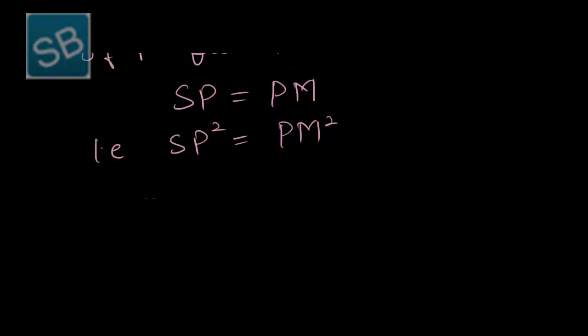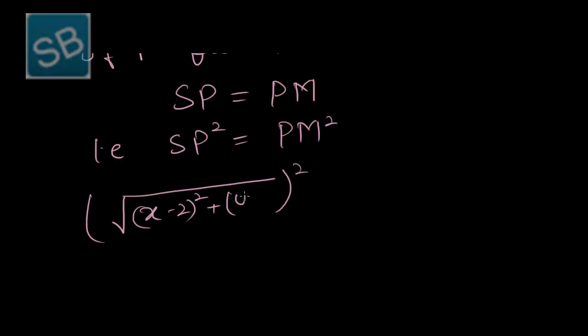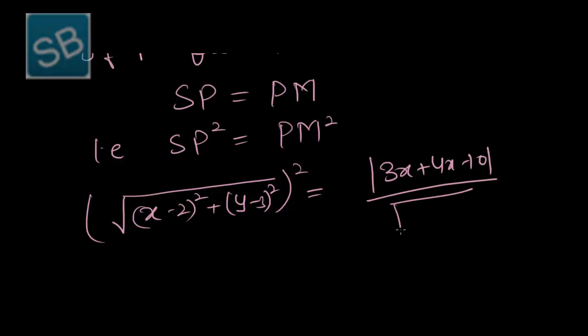That is, by the distance formula, (x minus 2) whole square plus (y minus 3) whole square is equal to the distance of P from line M, that is point P lying on the line M, modulus of 3x plus 4y minus 10 over under root of 3 square, that is 9, plus 4 square, that is 16, whole square as PM square.